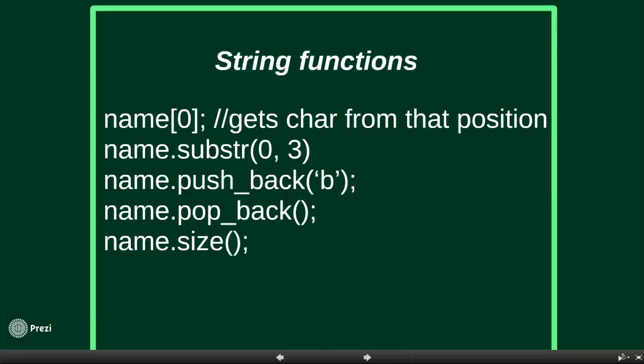So what does 0 mean here? The first letter, right? The first position of the string. Okay, and then what's 3? The fourth letter? Not quite. That's the positioning, but in this function, what does it mean?